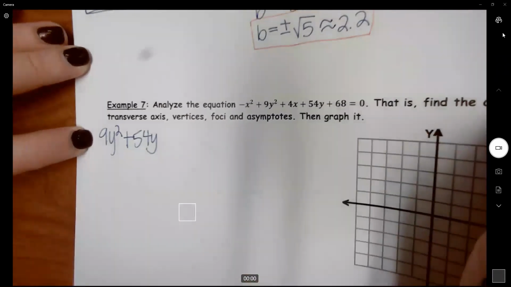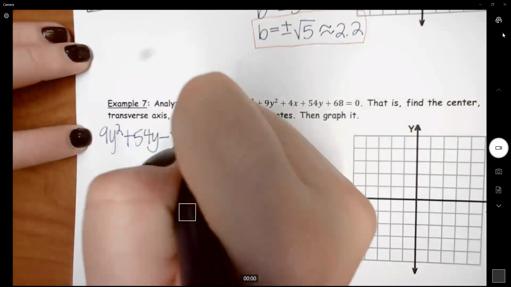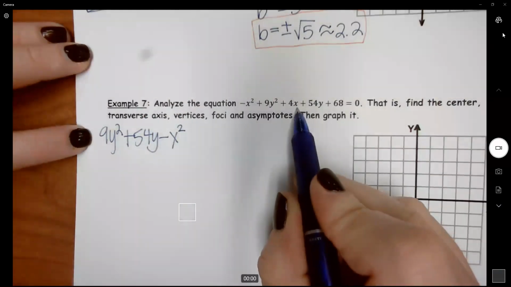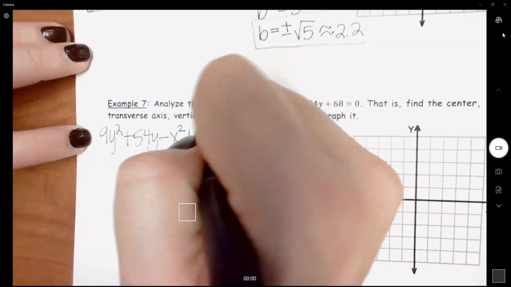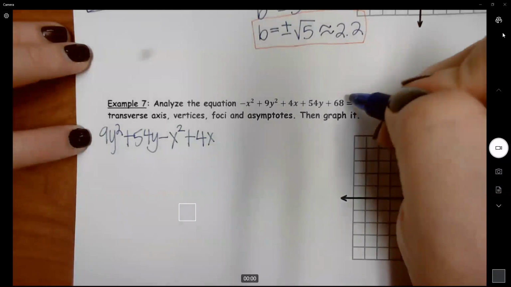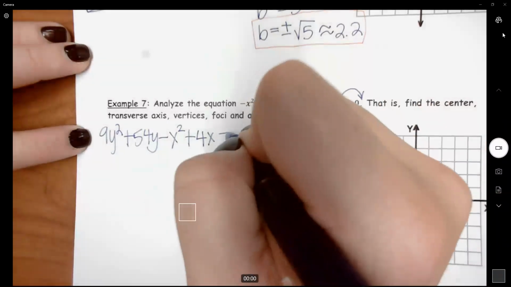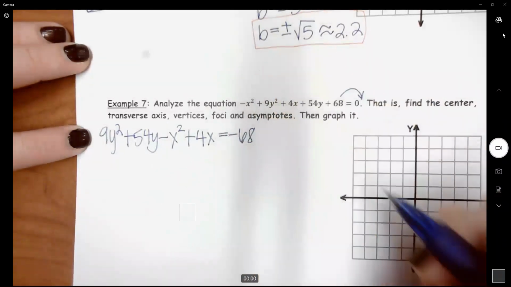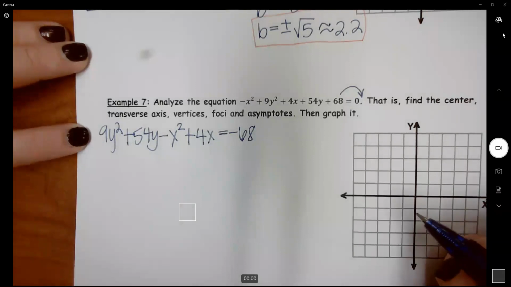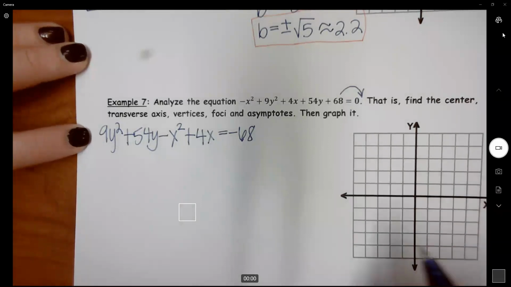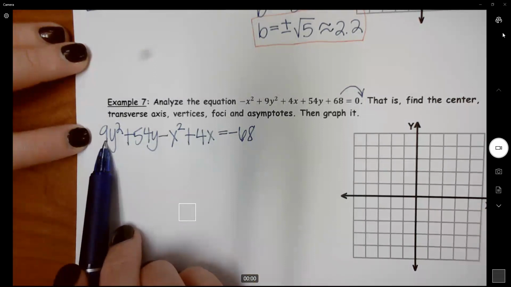Now I'll grab my x's. So negative x squared, then plus 4x. And then I'm going to move this 68 over. Okay, so we need to complete the square. And when I do that, I need to take out whatever's out front so that I'll have a coefficient of 1.